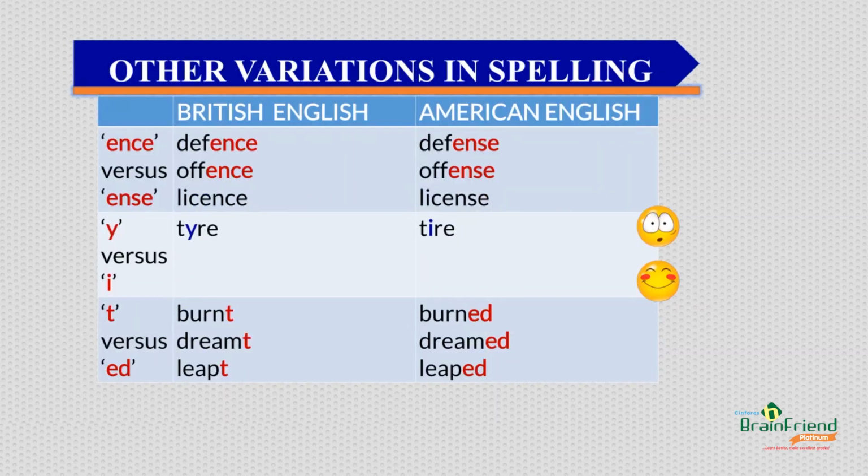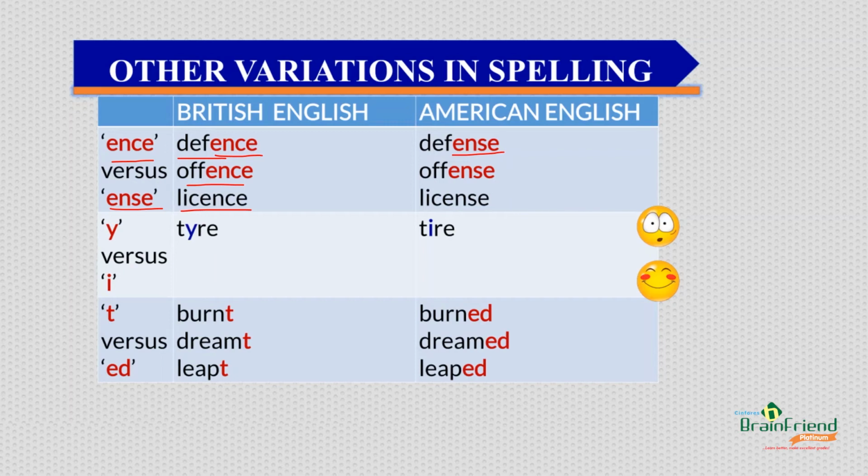Now, other spelling variations include ENCE versus ENSE. In words like defense, offense, and license, the British English makes use of ENCE, while the American English makes use of ENSE.